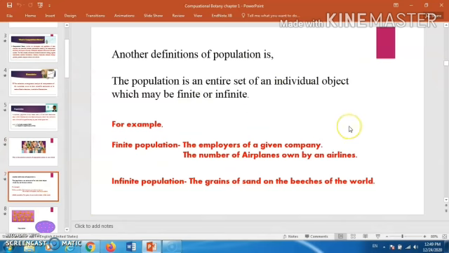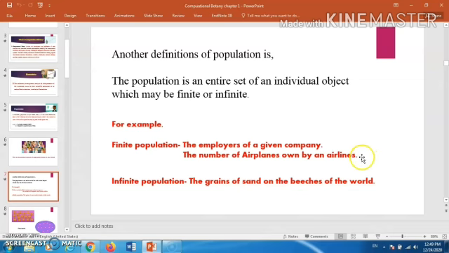So let us see another definition of population. The population is an entire set of individual objects which may be finite or infinite. Finite population: the employees of a given company, meaning the number of employees is limited to that particular company. The number of airplanes owned by an airline.